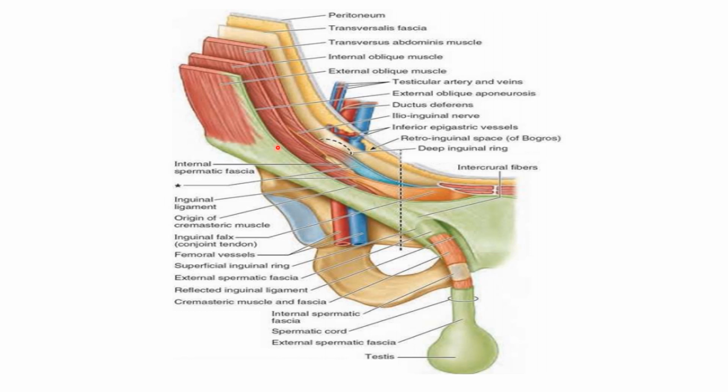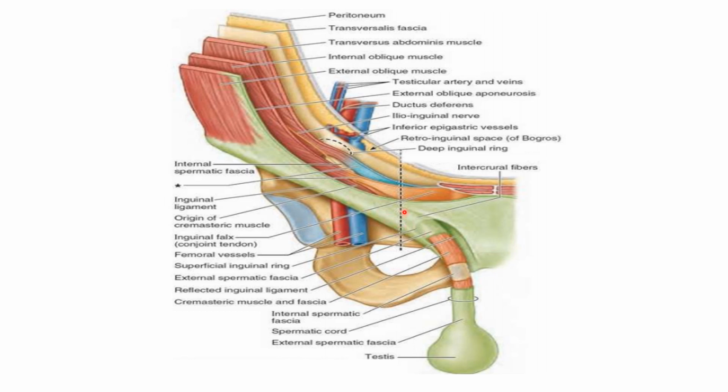So here is another good diagram to show you all the boundaries and the contents of the inguinal canal in the case of males. The openings are also visible. This is the inguinal canal, and this is the anterior wall of the inguinal canal, made up of external oblique aponeurosis.